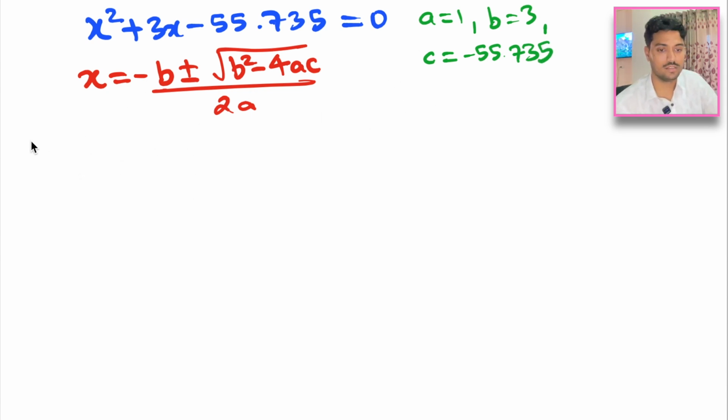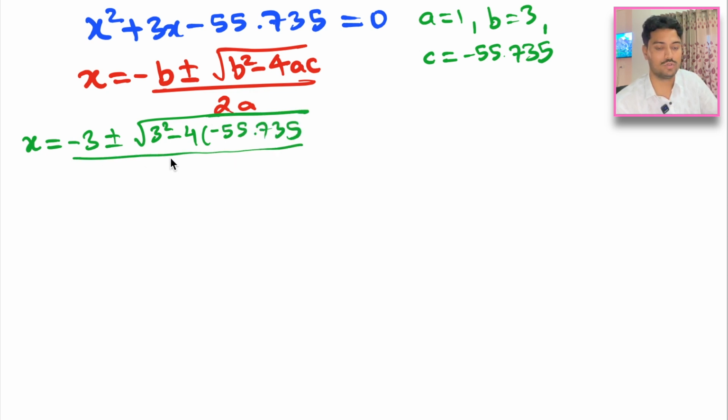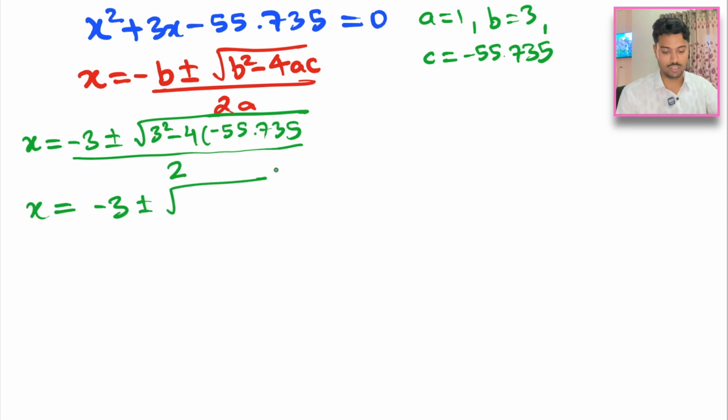So x equals minus 3 plus minus under root of b square, that is 3 square, minus 4 into a, which is 1, and c, which is minus 55.735, divided by 2a, that is 2. Let's do the root part on the calculator. 3 square plus 4 multiplied by 55.735 gives 231.94.